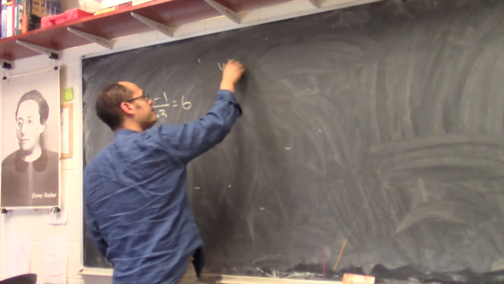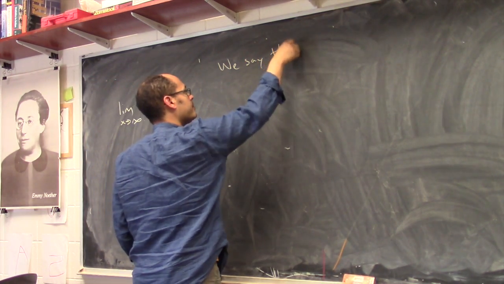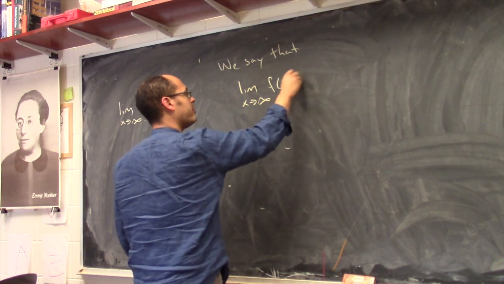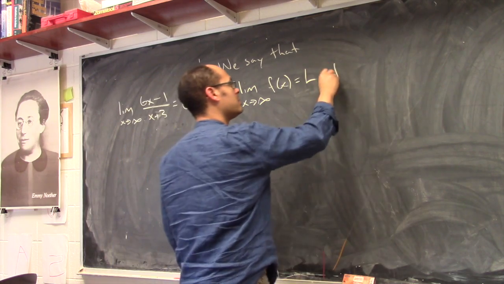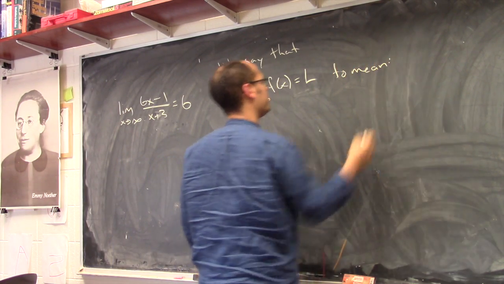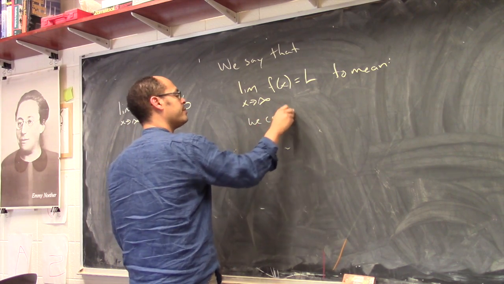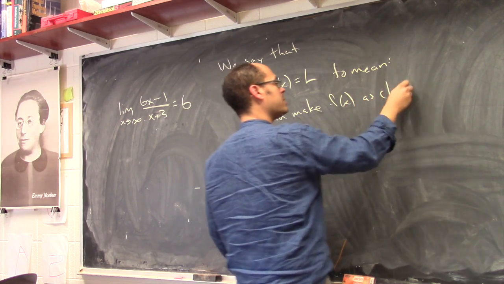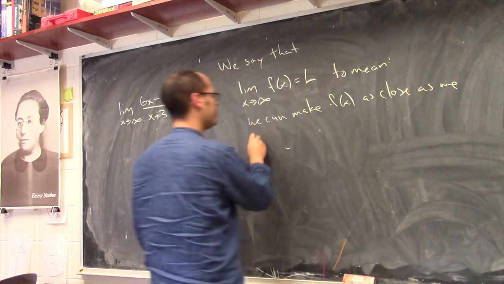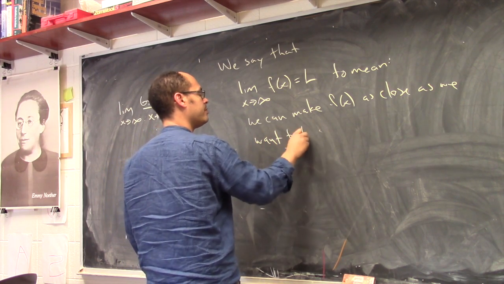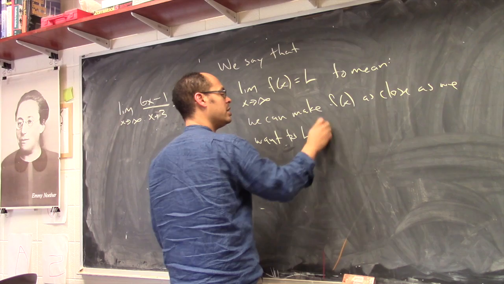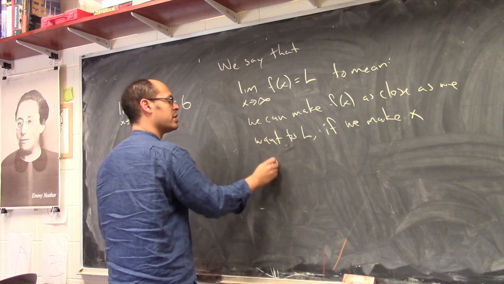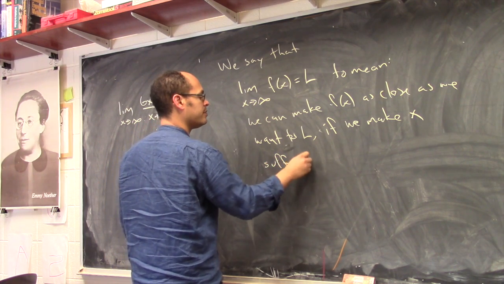So we say that the limit as x approaches infinity of f of x equals L to mean that we can make f of x as close as we want to L if we make x sufficiently large.